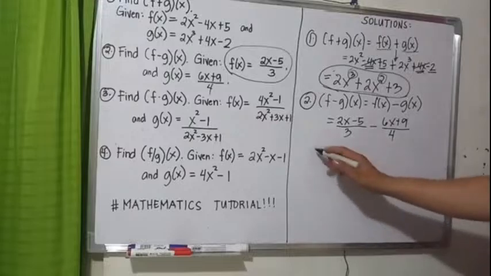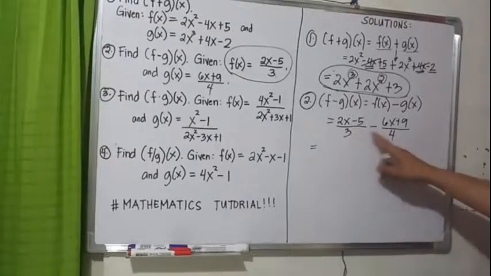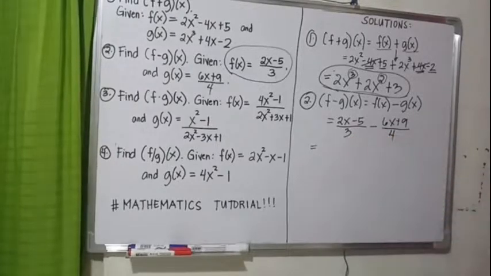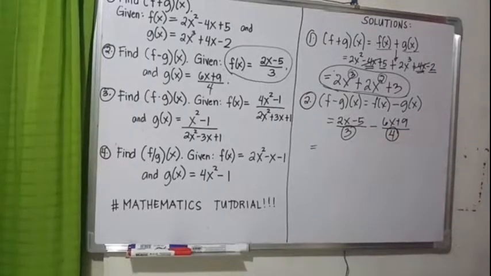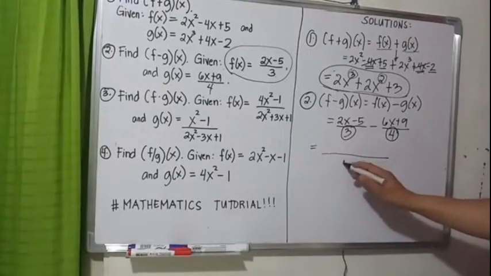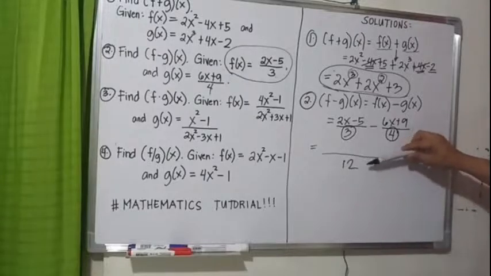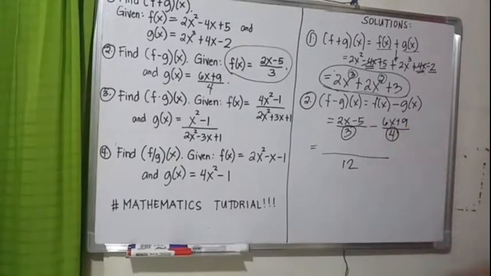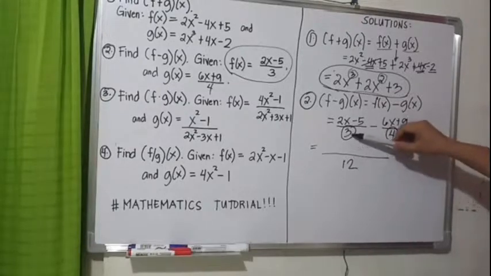Okay, so very good. So you need to find the LCD. So ang LCD natin ito, mag-base tayo sa denominator. So you need to multiply the denominator 3 times 4, so that is 12. Next, to find the difference of these given functions, divide natin 12, divide it by 3.